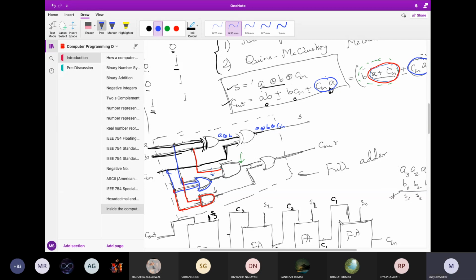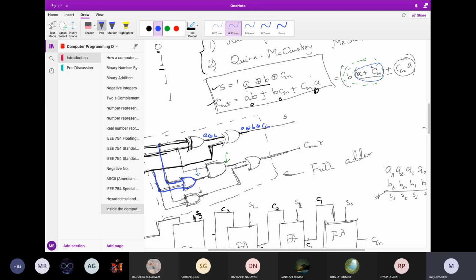Sorry, in fact, I have just, wait for a second. I have garbled a bit while saying it so quickly. This A is coming here, and this C in is coming here, and they are going via the OR gate. This is OR gate. Okay, so A or C in, this is being given there.